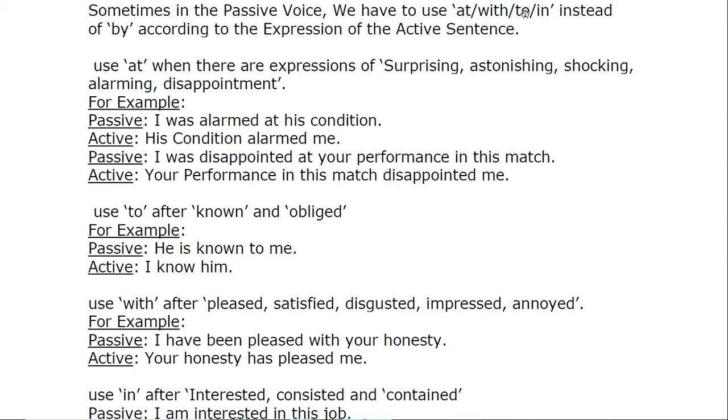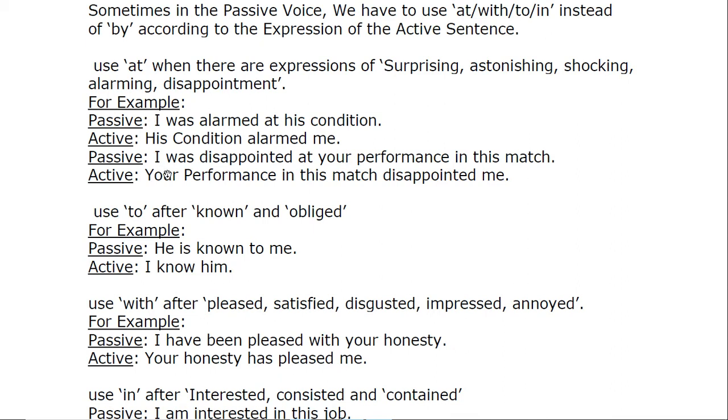And if there is a noun after this or a pronoun after this, then it is your subject. So at के बाद में क्या है? His condition. So this is your subject. तो ये पहले लिखोगे. His condition. फिर क्या है? Action. Alarmed. And किसको alarm किया? I. So instead of I, you will write me. So his condition alarmed me.